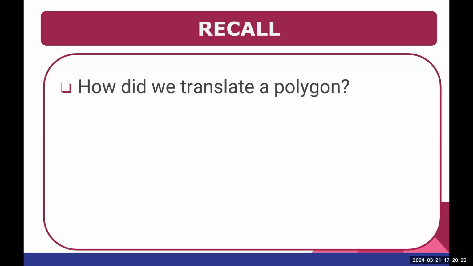Go ahead, Gabriel. By identifying the translation vector to determine the direction and the distance it's moved. All right, so once again, vector comes up.